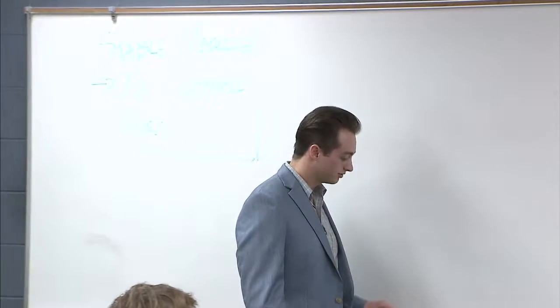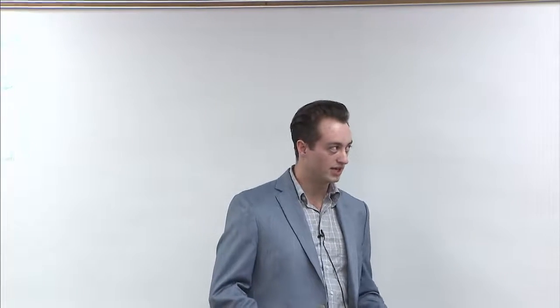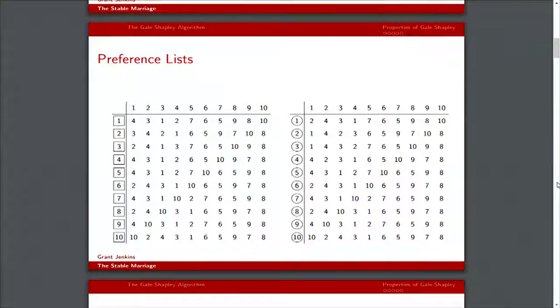So now that we know a little bit about that, get that definition in your ear. The way these work is with preference lists. There are many different versions of the stable marriage problem, but the one that we're going to be working with is the original problem, and it has to do with strictly ordered preference lists.